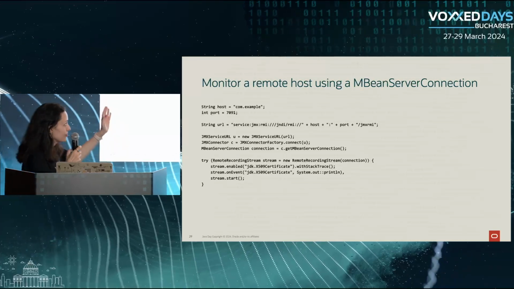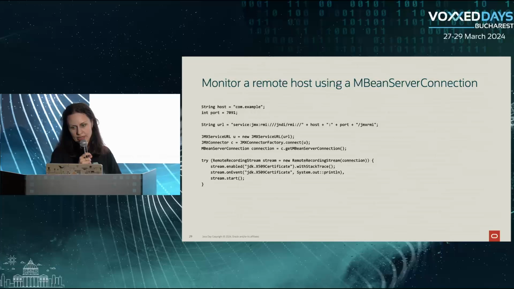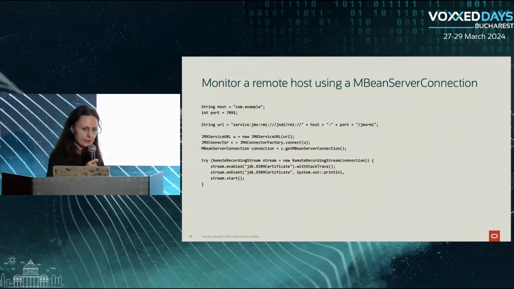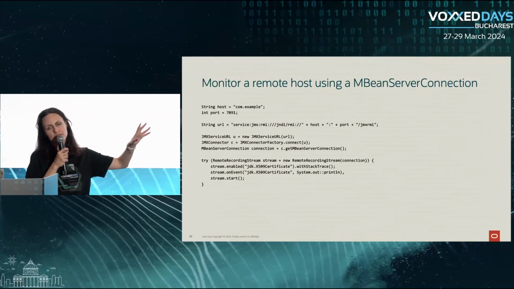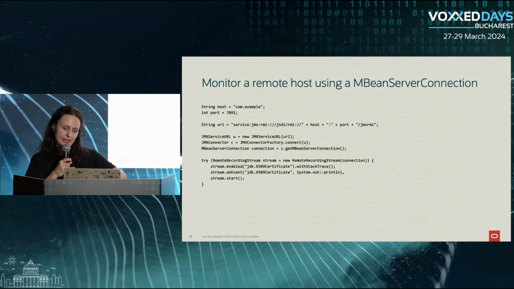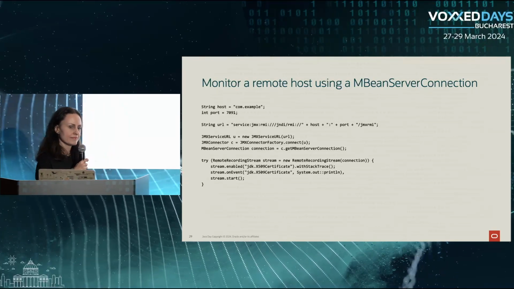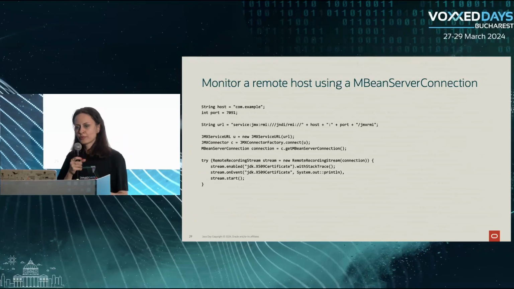Thanks to MBean server connection and JMX RMI, I can do that. What this does is put into code what JDK Mission Control was doing until JDK 16. This is called monitoring a remote host, but from outside of the process.